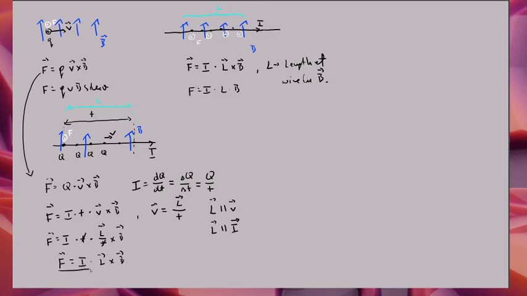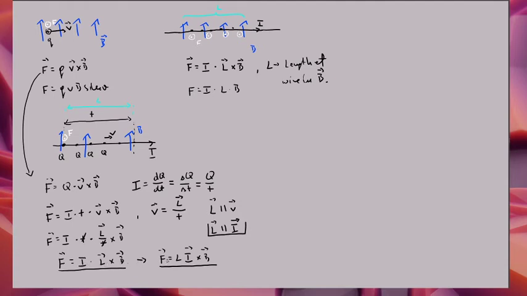And of course, this equation, if you understand it well, you can easily replace with F equals L I cross B. Reason being is that L and I are parallel. So in this case, I'm using the magnitude of L, but I as a vector. In this case here, I'm using the magnitude of I, but L as a vector.